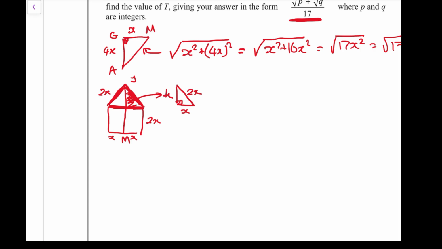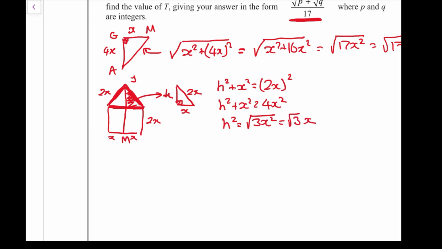And again, right angle triangle is not trigonometry, so therefore it must be Pythagoras. So therefore I can say that h squared plus x squared is going to be 2x all squared. h squared plus x squared equals 4x squared, which means that h squared is 3x squared, so h is the square root of 3 times x.